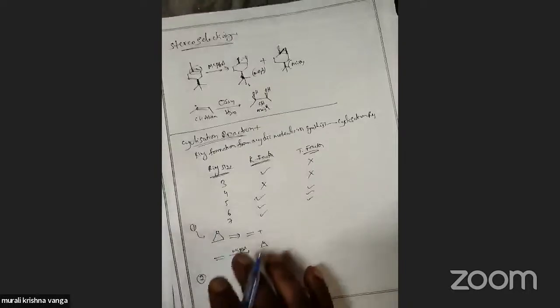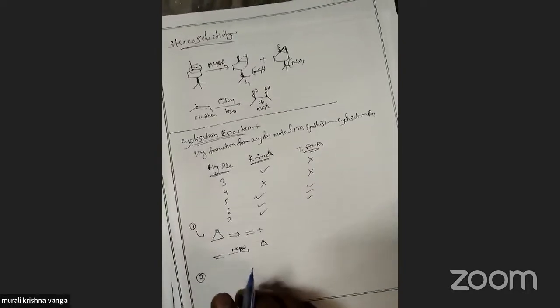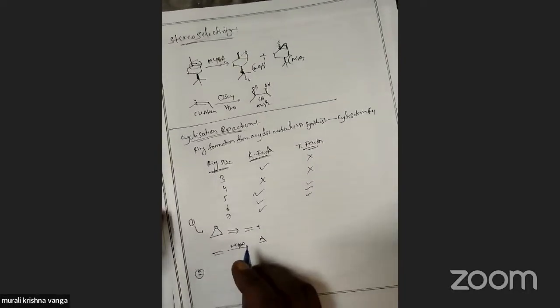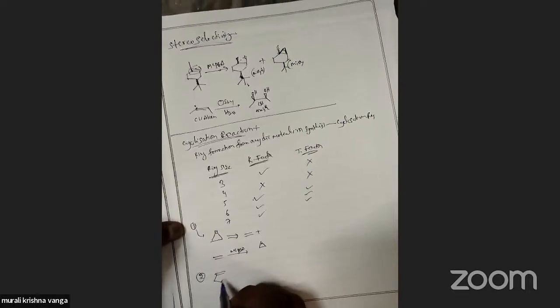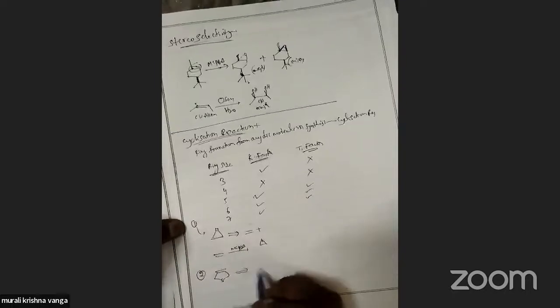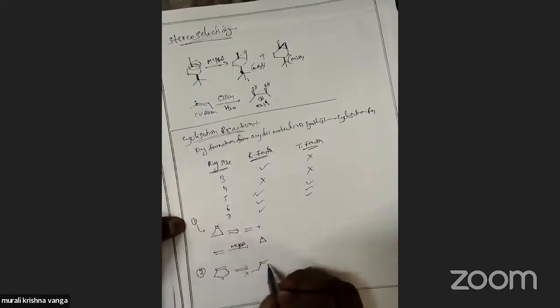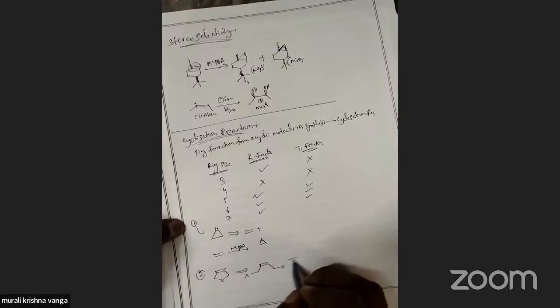Second one is synthesis of a five-membered ring. When this five-membered ring undergoes retrosynthetic analysis, it is converted into a diol with OH groups.